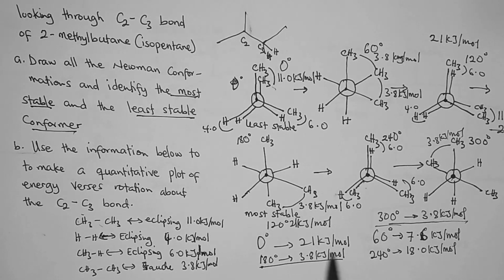And also 0 degrees is 21 kilojoules per mole, and then the 120 degrees is also 21 kilojoules per mole. So on the energy profile diagram, both the 0 degrees and the 120 degrees will also have the same energy. So let's go ahead and plot the energy profile diagram.